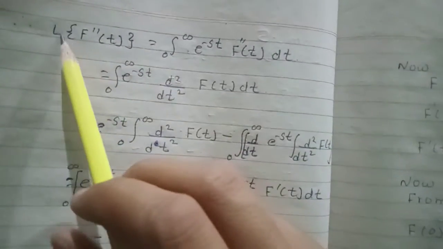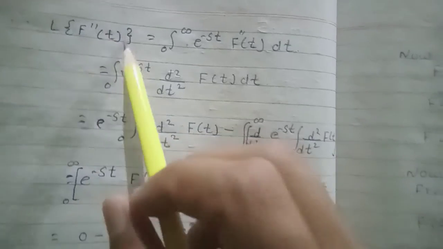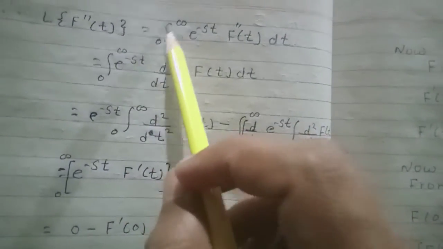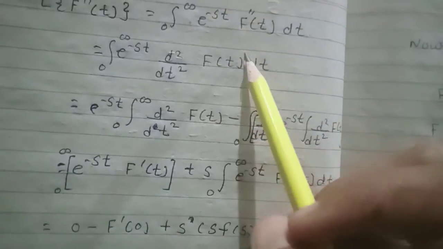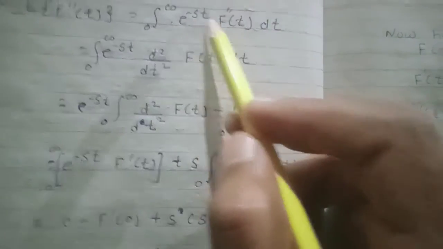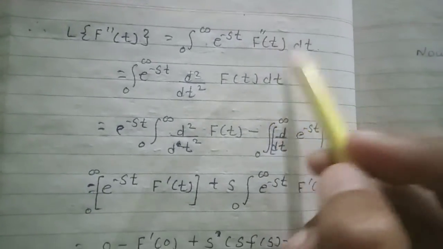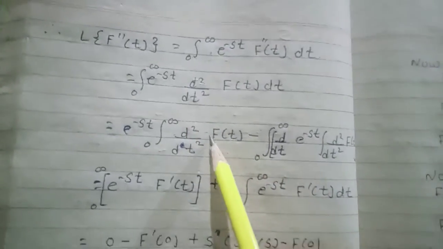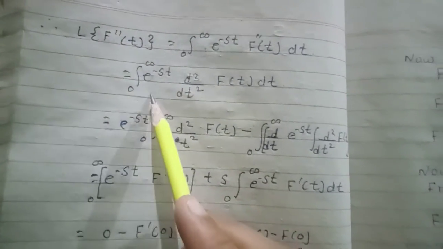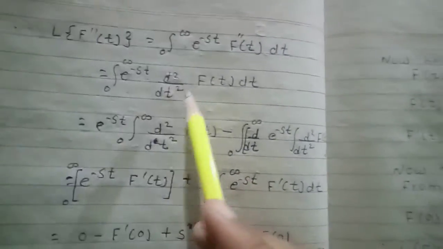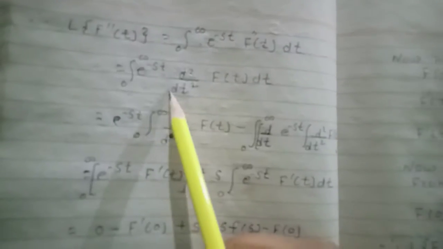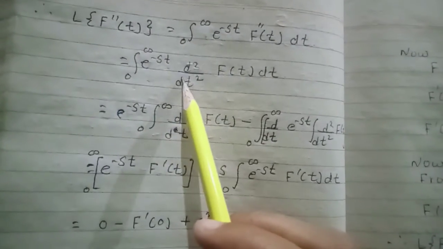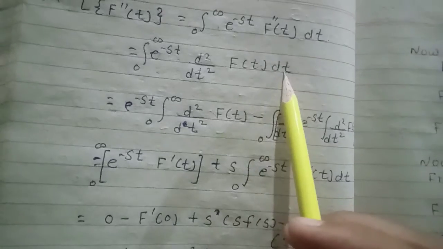Like this we find the Laplace transform of f double dash of t, which is equal to integration 0 to infinity e raised to minus st f double dash of t dt. Again we use integration by parts, where u is e raised to minus st and v is d2 by dt square f of t.